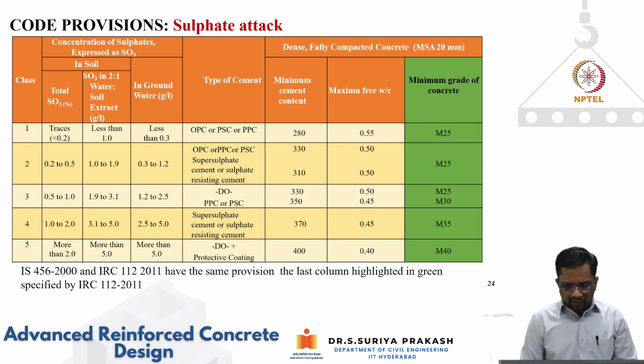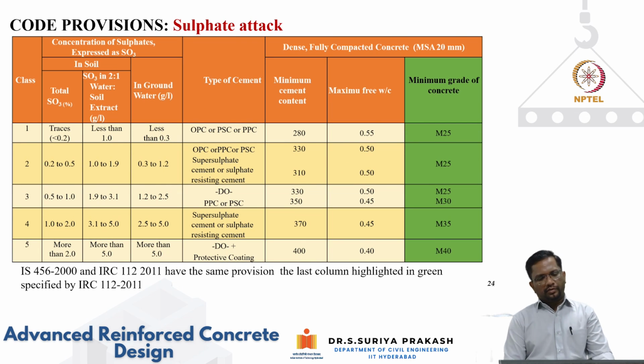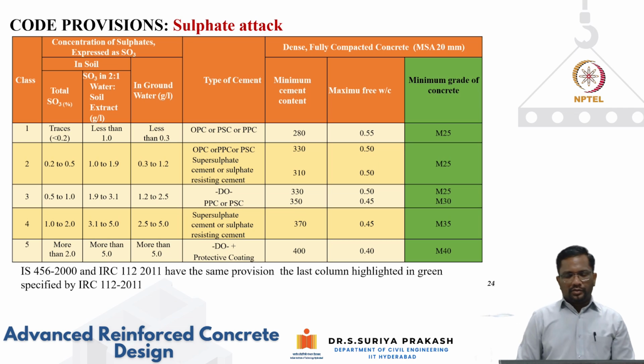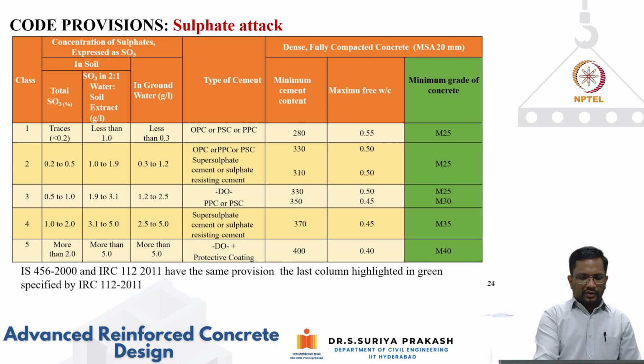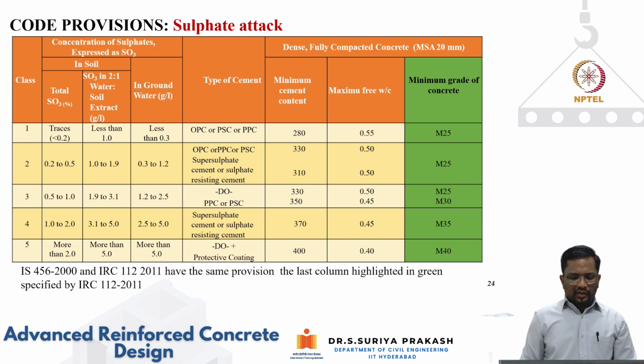Again, to tackle sulfate attack, we have seen that the best thing is to use sulfate resisting cement. And the code also gives you the allowable concentration of sulfates in soil. You can see it also gives different classes: class 1, class 2, class 3, class 4, and class 5.